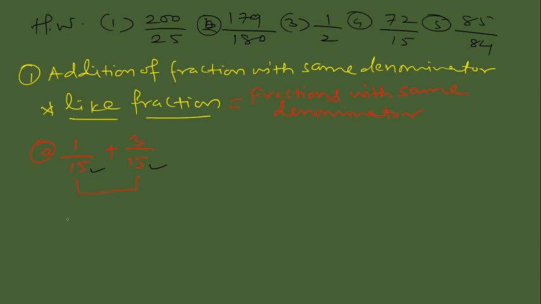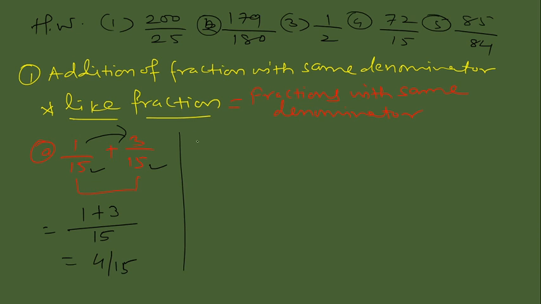Total two times 15 comes here. So we write it only once because the denominator is the same. So we take 15 once only and just add the numerators. What we do here? We add 1 plus 3, that is 4 by 15, like this.